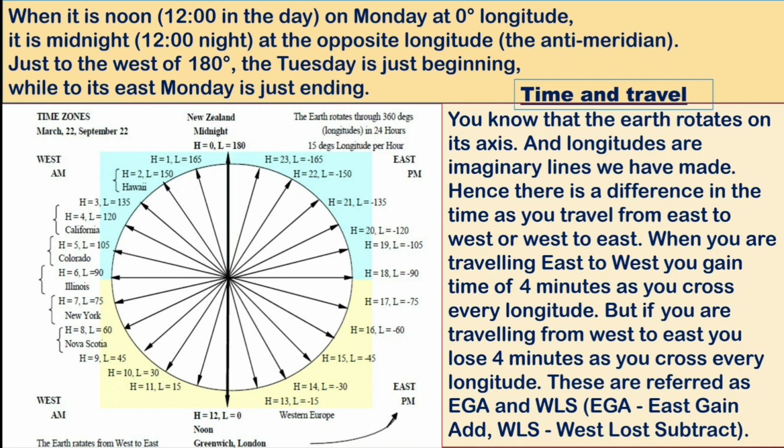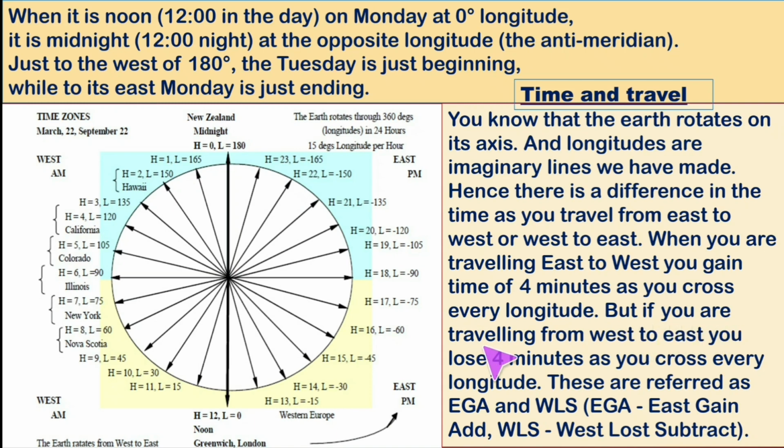Now let us talk about time and travel. You know that the earth rotates on its axis and longitudes are imaginary lines we have made. Hence, there is a difference in the time as you travel from east to west or west to east. When you are traveling east to west, you gain 4 minutes as you cross every longitude.